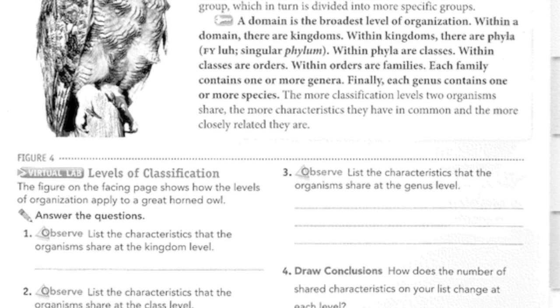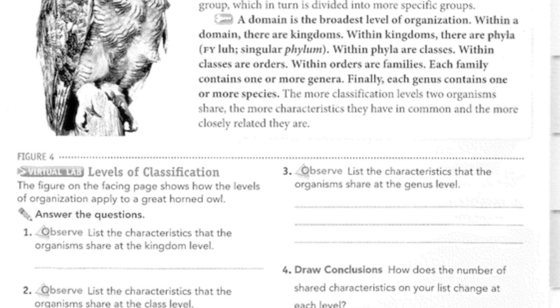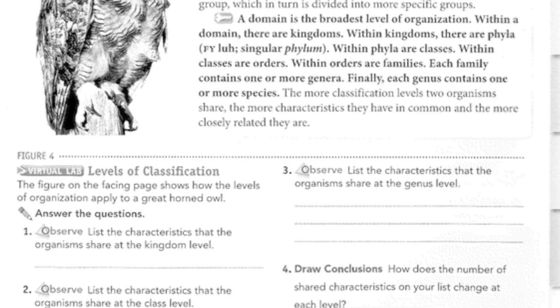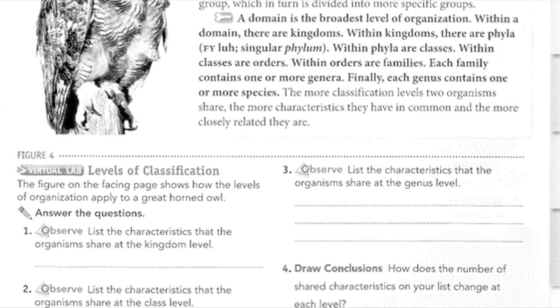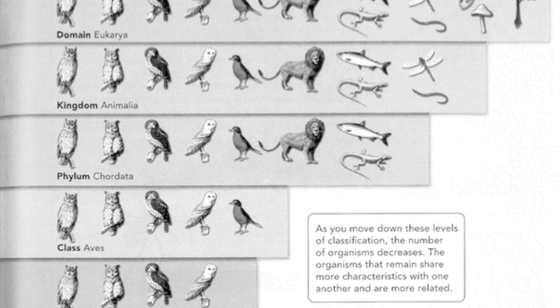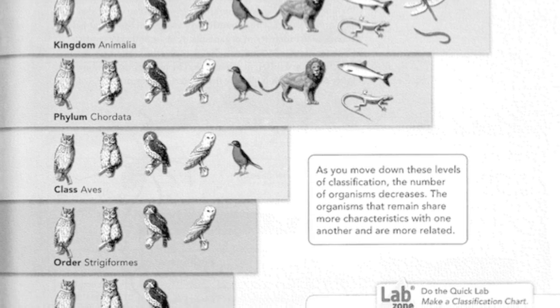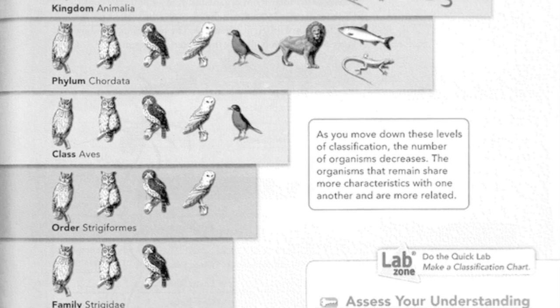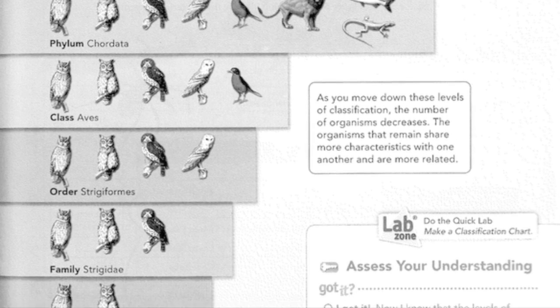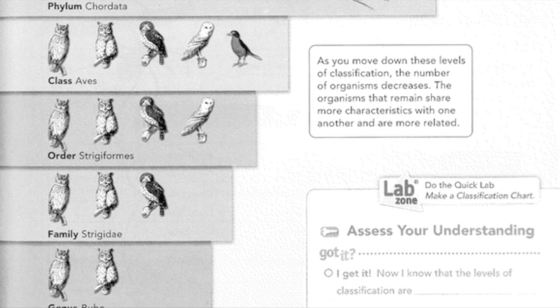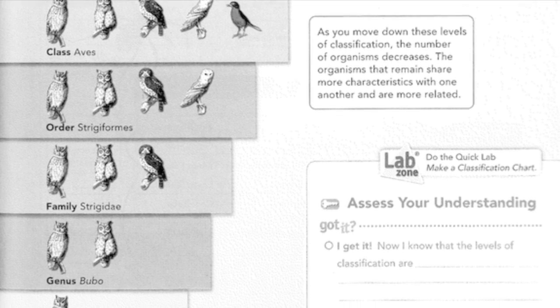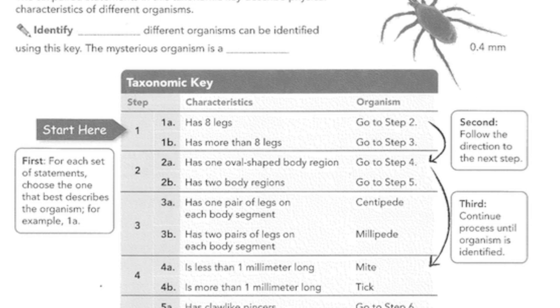The more classification levels two organisms share, the more characteristics they have in common, and the more closely related they are. Levels of classification: domain, kingdom, phylum, class, order, family, genus, species.